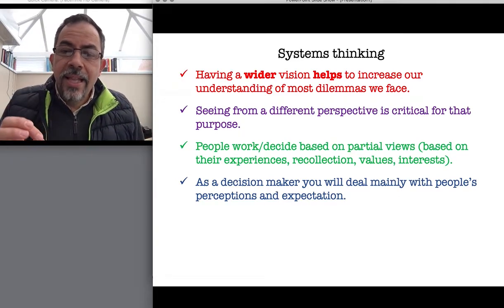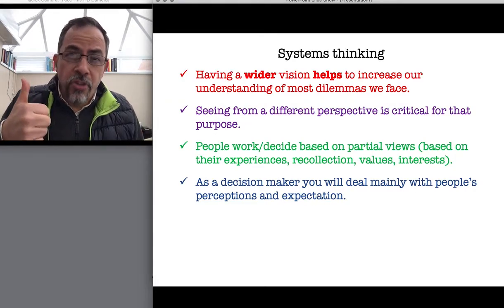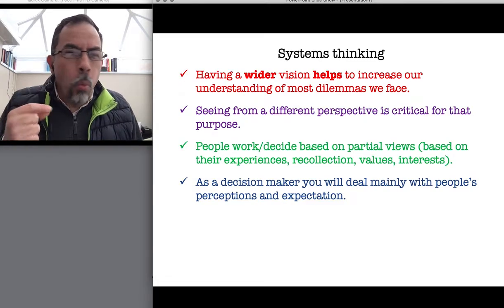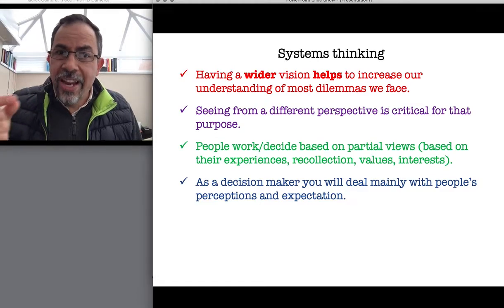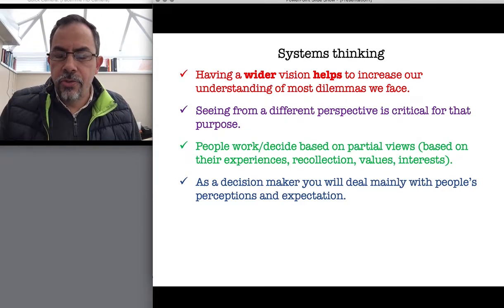And that is that people make decisions based on the perceptions and expectations that they have. Therefore, understanding what those perceptions and expectations are helps you to make efficient, good, quality decisions.